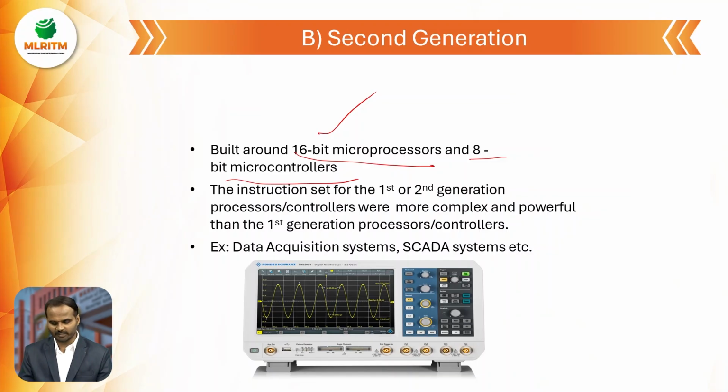The instruction set for the first and second generation processors and controllers was more complex, and the second generation microprocessors and controllers were more complex and powerful than the first. Coming to examples, data acquisition systems, SCADA systems, etc., are second generation examples.